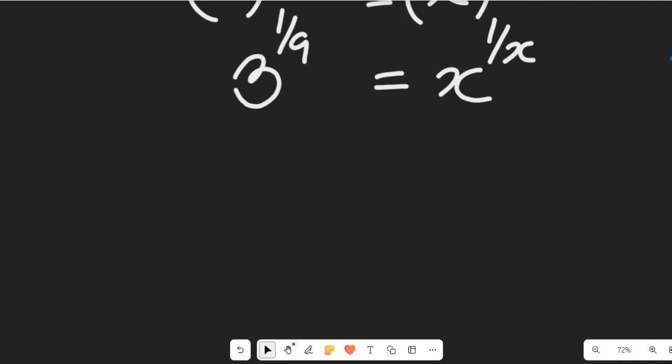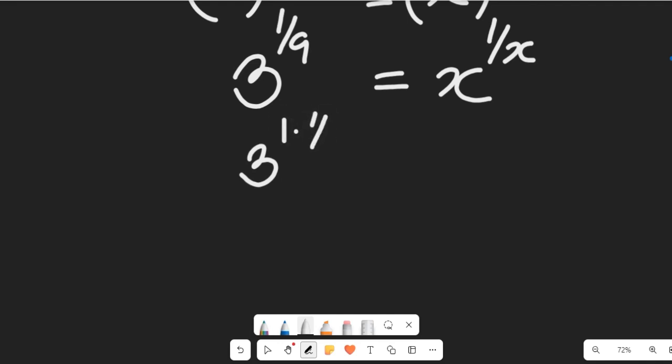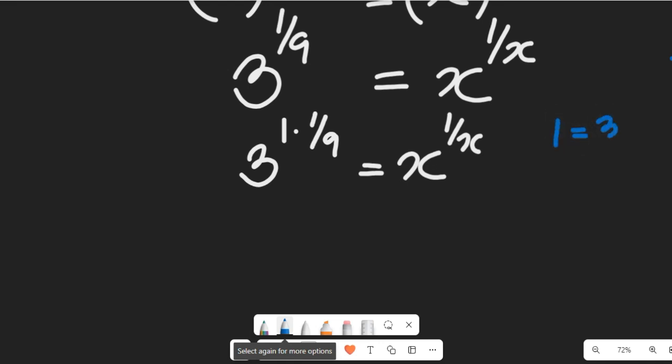Now, if I simply simplify this, I can simplify this to give me 3 to the power of 1 multiplied by 1 divided by 9, right? I've not changed anything, and this is equal to x to the power of 1 divided by x. Now recall that my 1 can be equal to 3 divided by 3. It's logical.